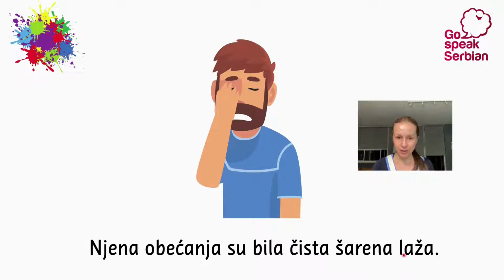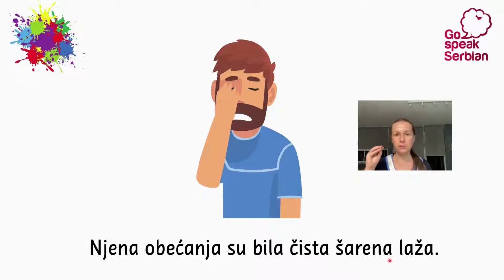The word laža is a little bit outdated term for a lie, and nowadays in Serbian we use laž, which is a masculine noun, so it's the same as this noun, but just without that a at the end. Laž is a lie. But in this expression we use this old term laža, šarena laža.